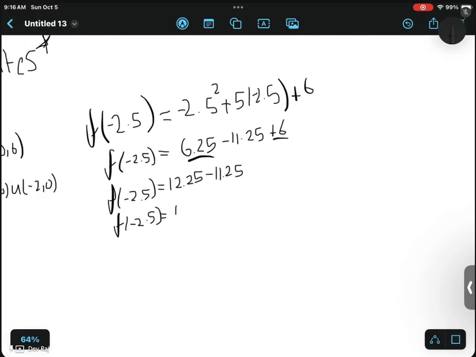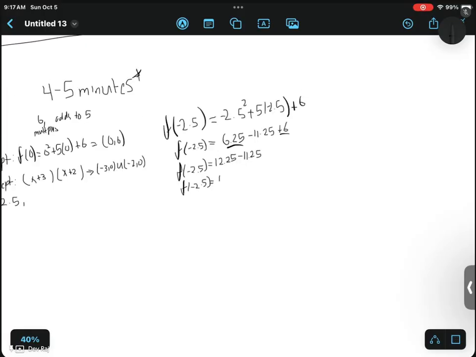No. Wait a second. Let me plug it into my calculator. It should be point... Do you see where I made a mistake?